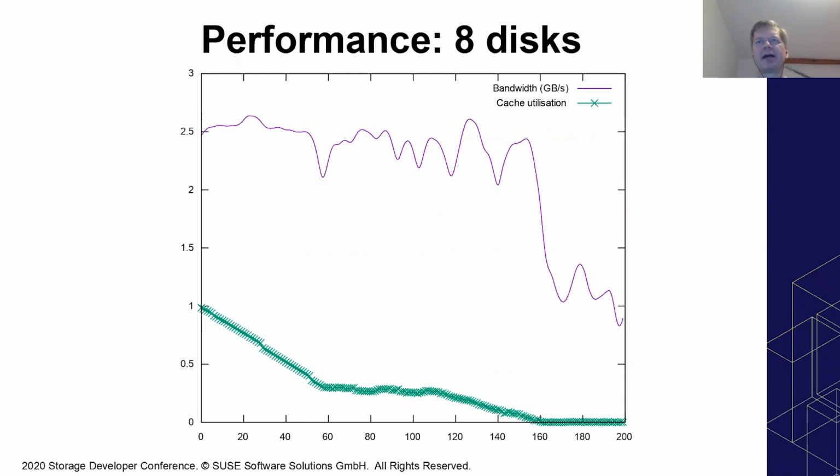If we're having 8 disks, we see the same behavior that we've already seen on 6 disks. The fluctuation is still increasing, and the overall performance is slightly down from 6 disks. We do see a larger plateau where the low watermark is kicking in and trying to keep the ratio of free zones at around 30%.